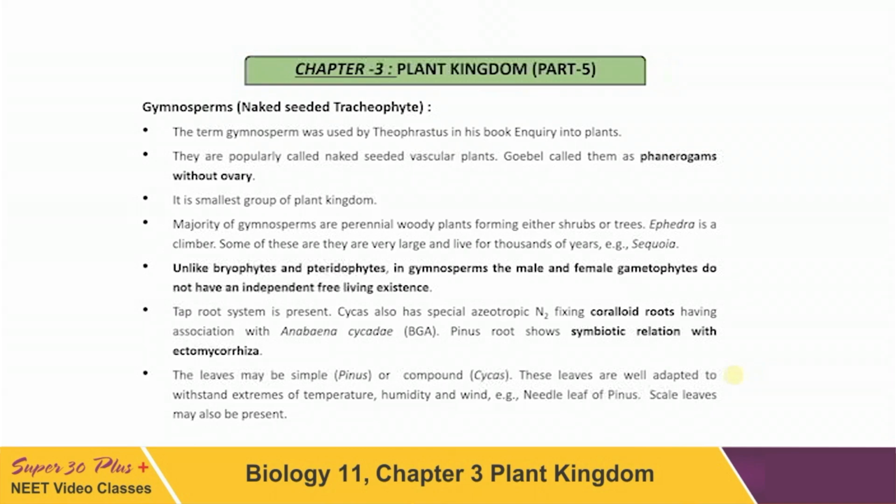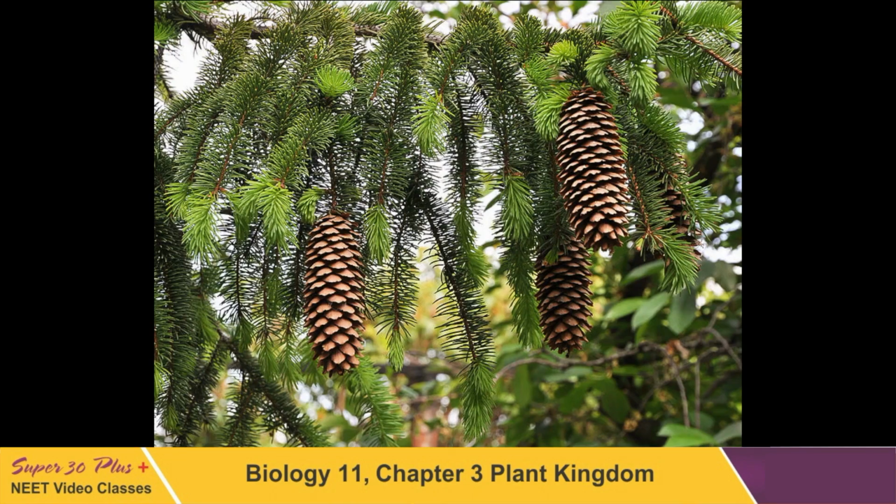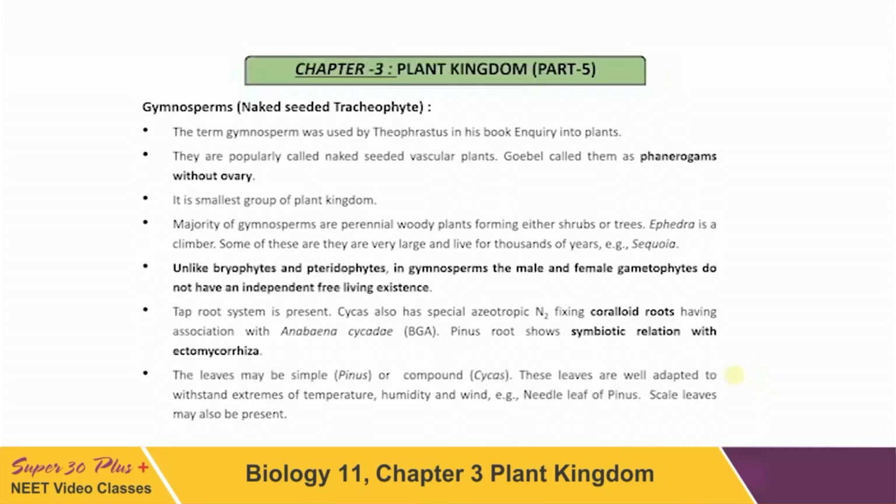Gymnosperm, the meaning of gymnosperm is naked seeded plants, naked seeded tracheophytes these are. Tracheophytes means in which the vascular tissue is present, and naked seeded means what? You are familiar with the covered seeded plant, for example mango.